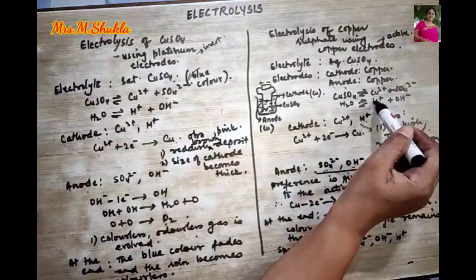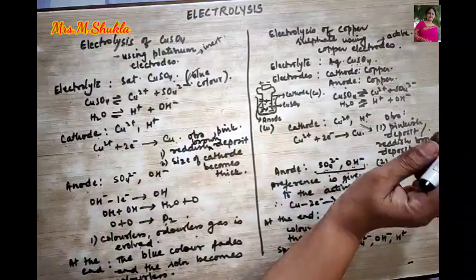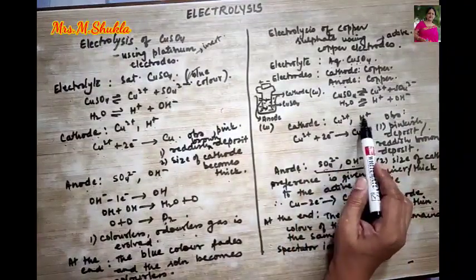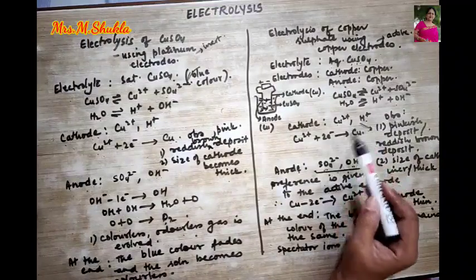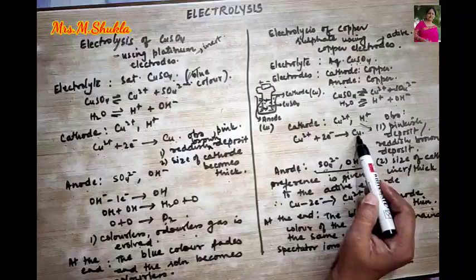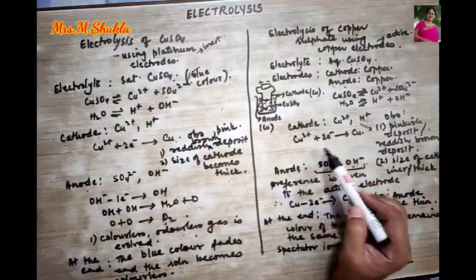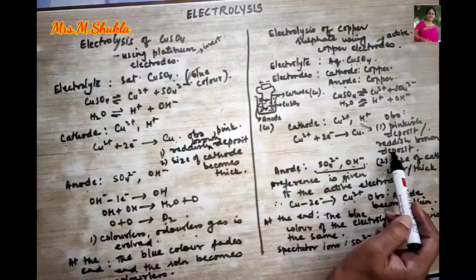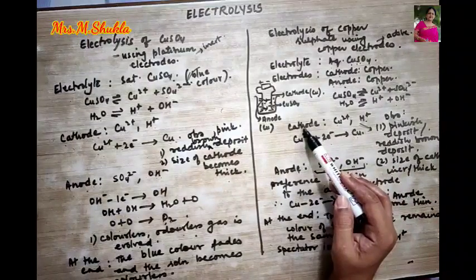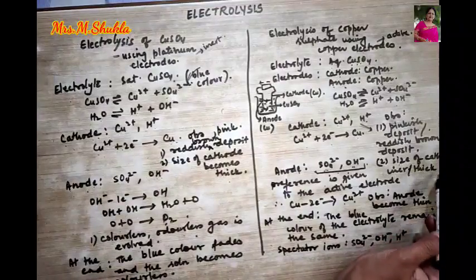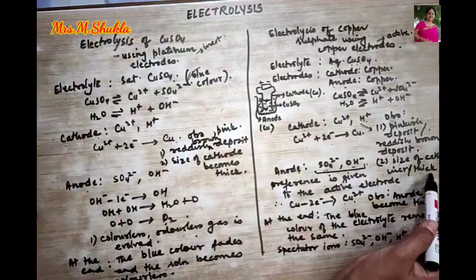Copper ions, sulfate ions, hydrogen and hydroxyl ions, right? So let's see at cathode what happens. Copper ions and hydrogen ions migrate, and copper accepts electrons and becomes neutral. So what do we observe at cathode? Some pinkish or reddish brown deposit was seen on the cathode, or we can also say the size of the cathode had increased or become thick.